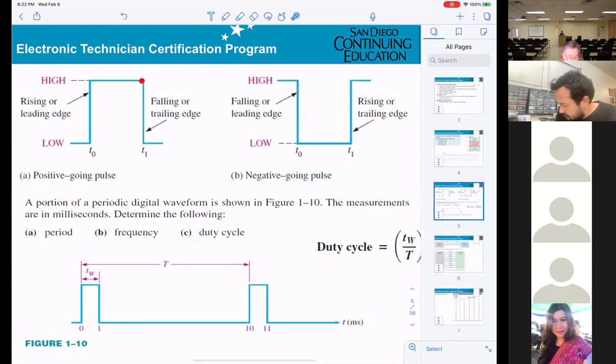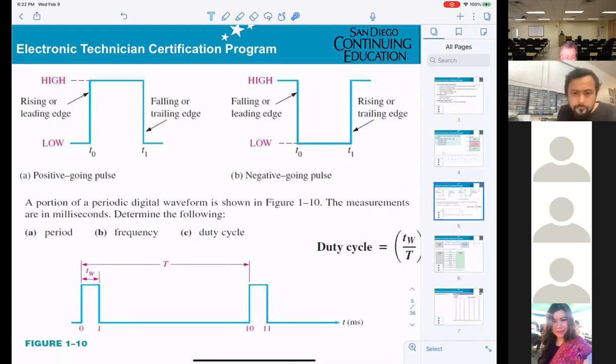And the one going from high to low, they call a falling or trailing edge. That's just a definition.